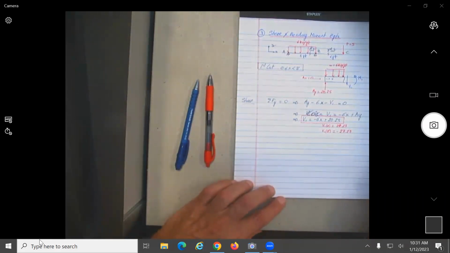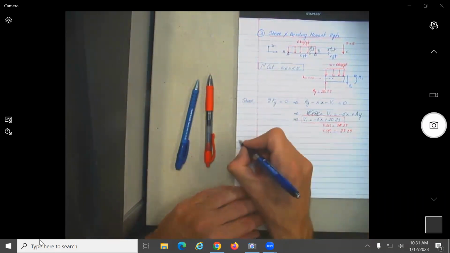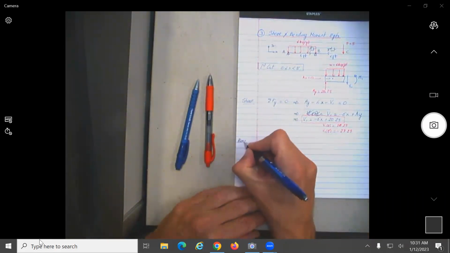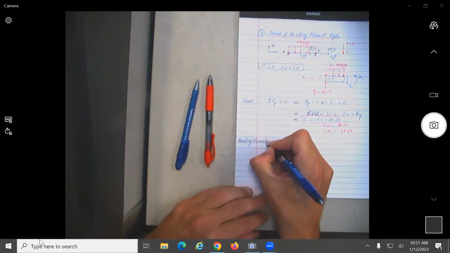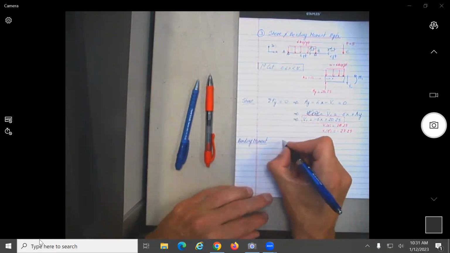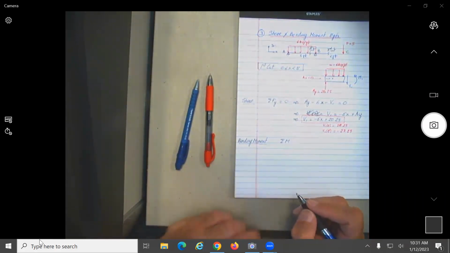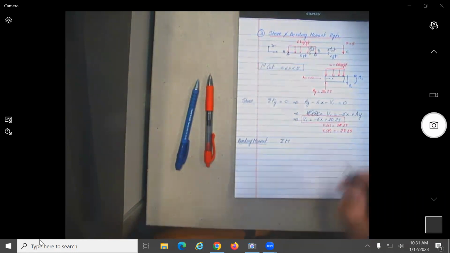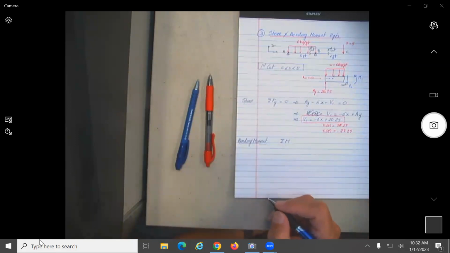Now, in order to find the bending moment, what is the equation we're going to use? Summation of moments, but here you need to be careful. I mean, you have the choice, but this is the simplest way.